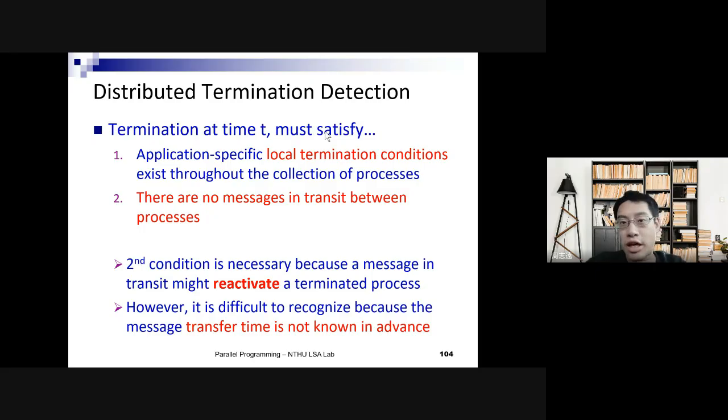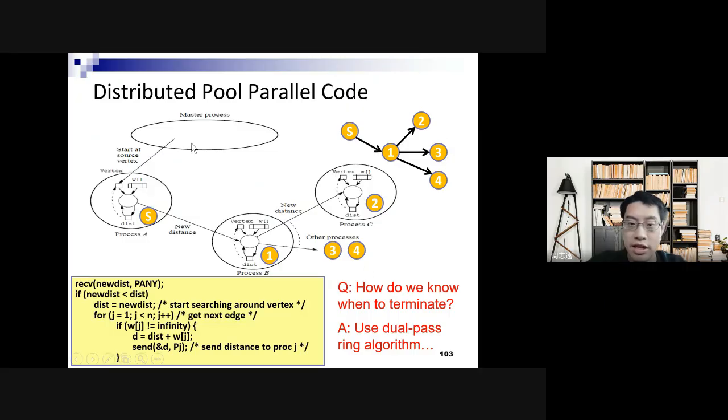Again, for the example of centralized load balancing, it might be easier because you expect to receive the message, so you know when a message should still be in transit, since you have to wait until you receive the message you are expecting. However, in this example, you can see that this is a completely fully distributed implementation. So any given process has absolutely no idea whether a new message will be generated and sent to it.